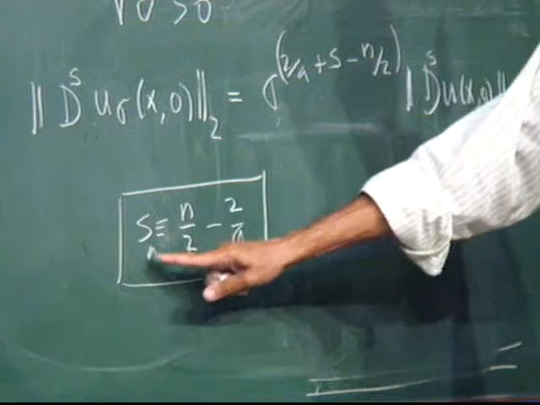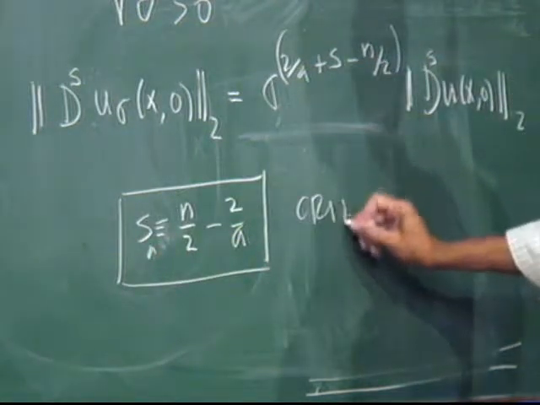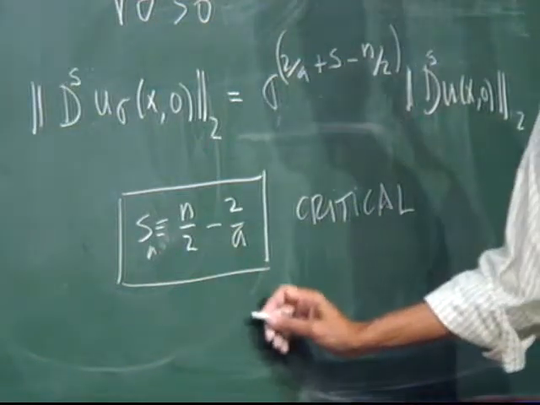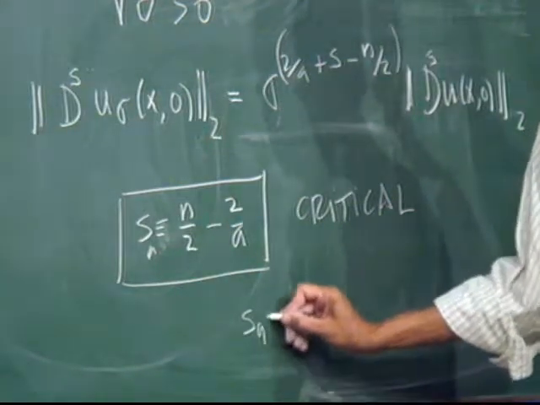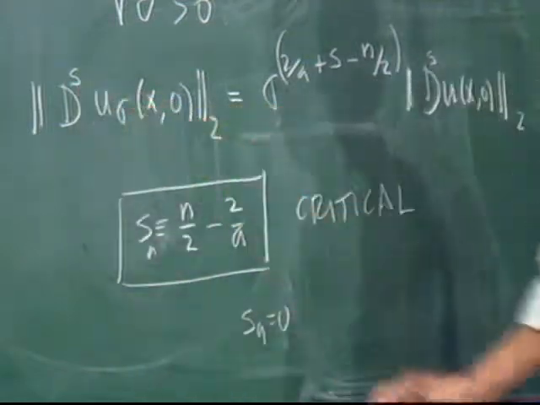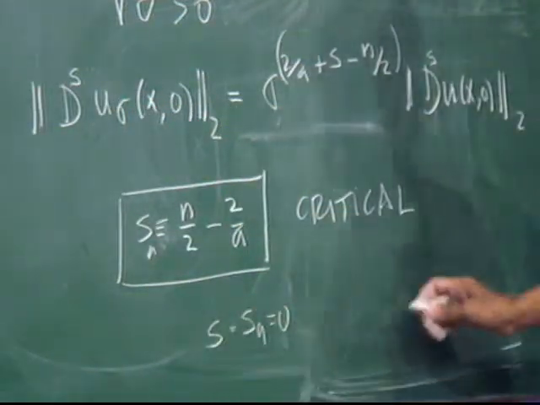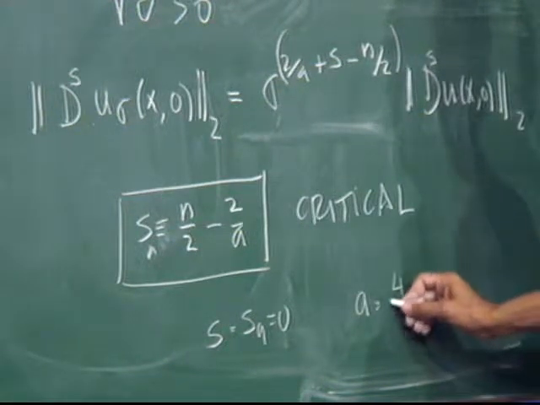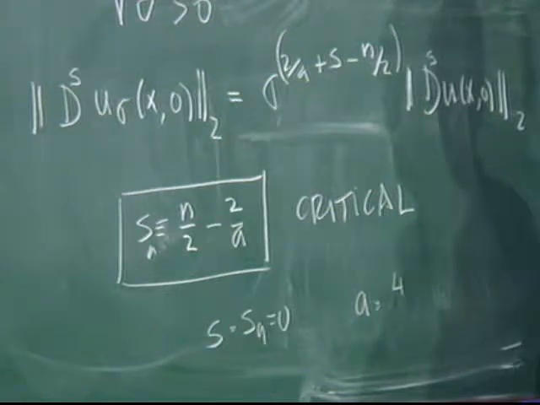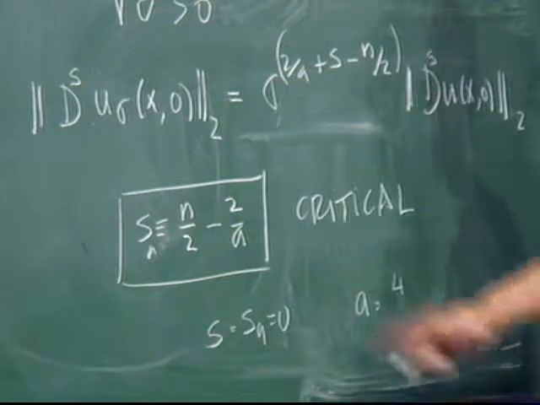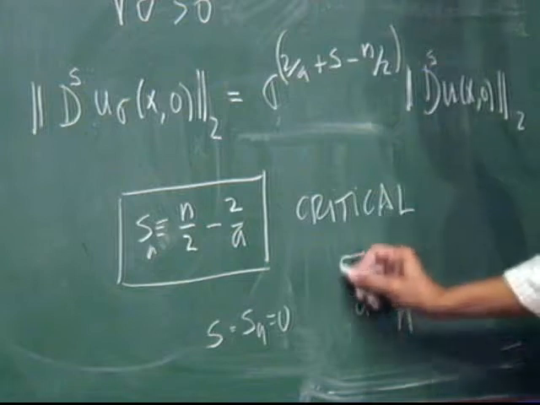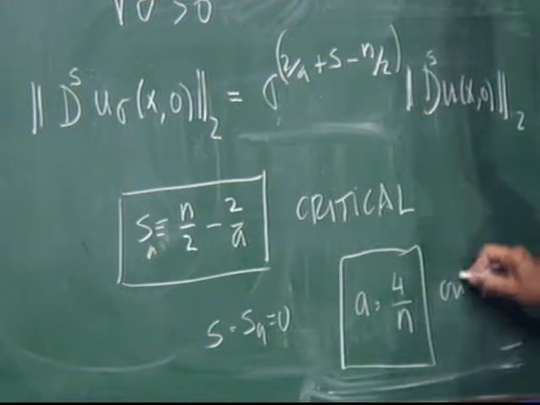Then this is critical in the sense, for example, if you are in L2, suppose that you want the critical to be L2, this quantity to be 0. You need that A is equal to 4 over n. Is that 4 over n? Right? Then I want this quantity to be 0. You need A to be equal to 4 over n. For example, critical in L2.